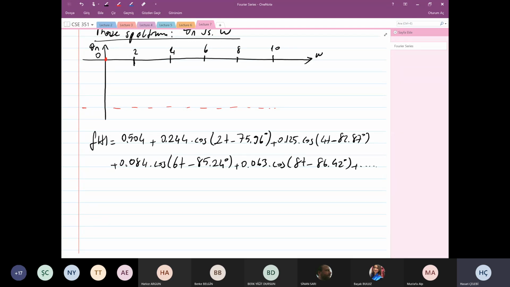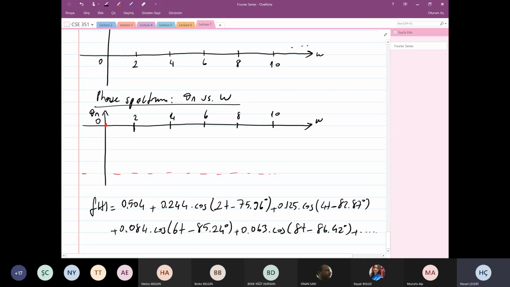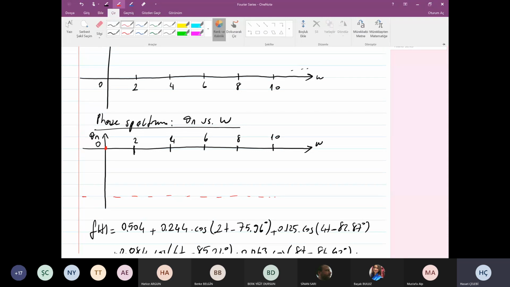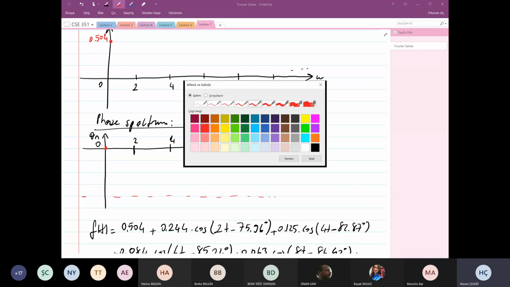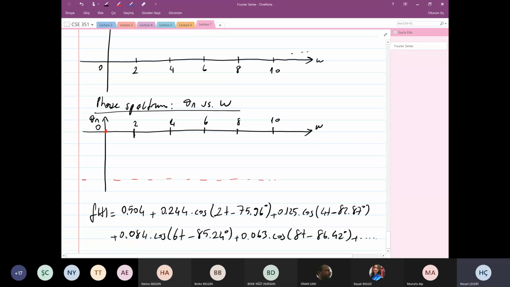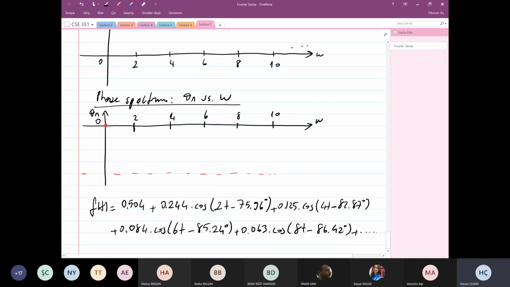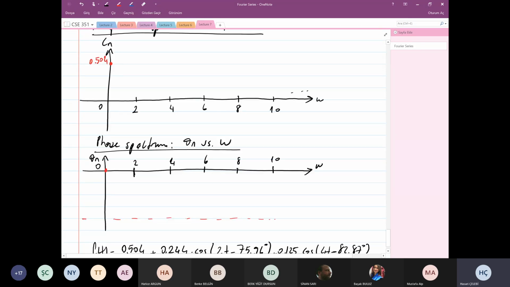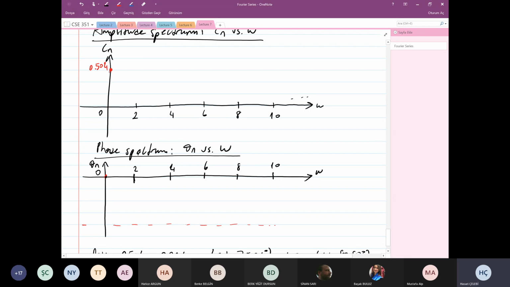So I'm gonna just draw this. For n equal to 0, the Cn is equal to 0.504 and the phase is equal to 0, as you can see, guys. But for n equal to 1, which is the omega equal to 2, the amplitude is going to be 0.24, which is almost half of that.